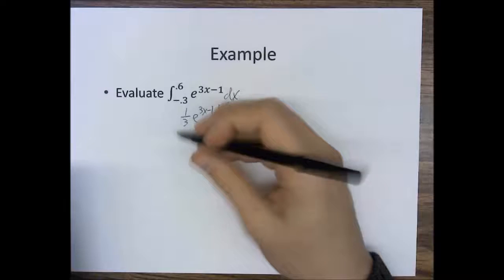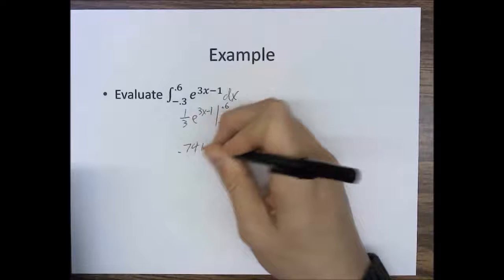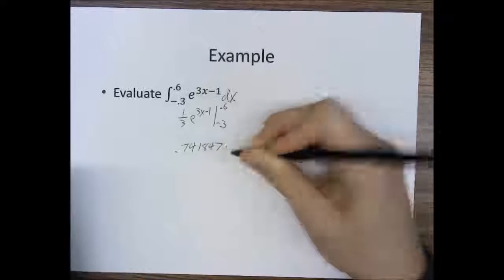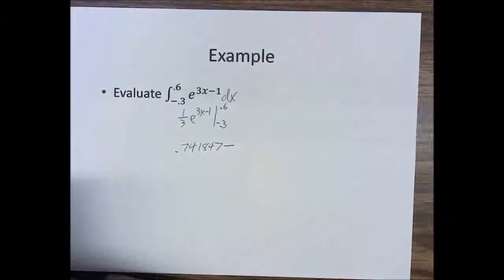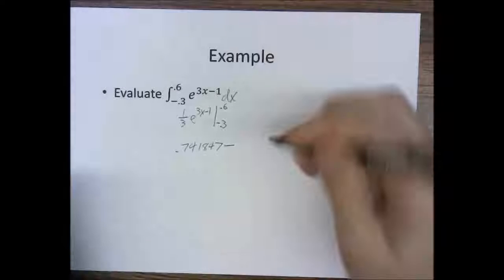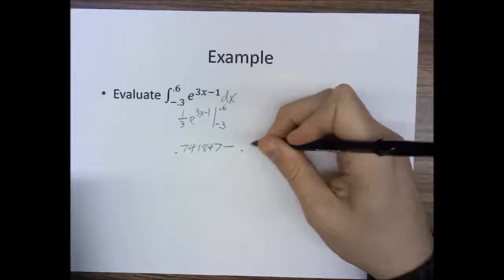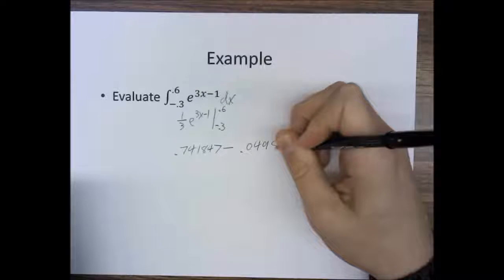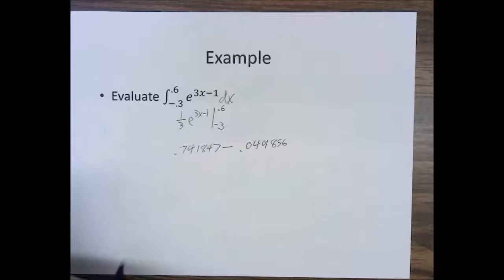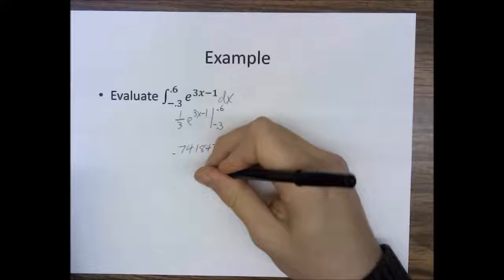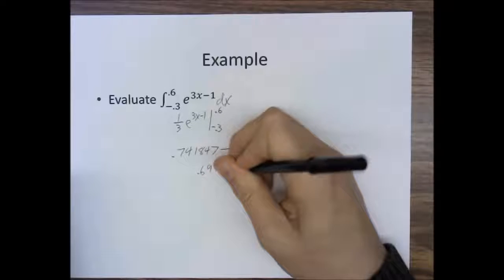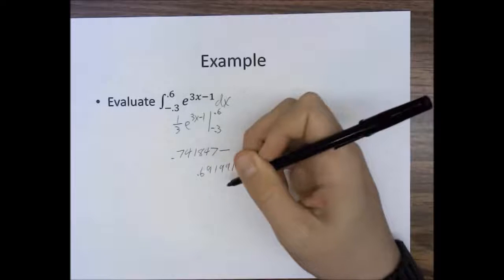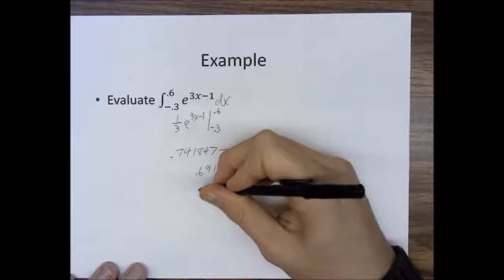And we get 0.741847 minus plug in negative 0.3, and we're going to get 0.049856. Subtract both of those. Going to get 0.691991, or you could just round that to 0.692.